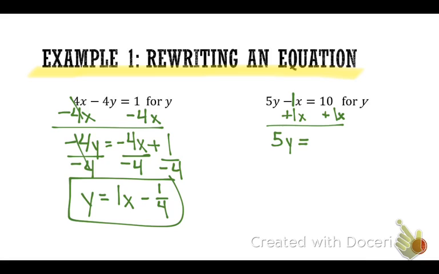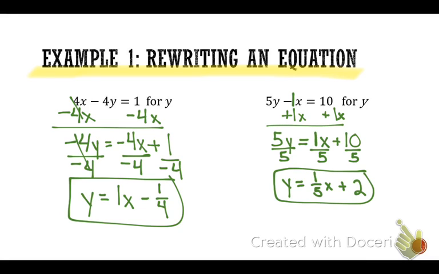Okay, what's on the right side? 5y equals 1x plus 10. Okay, and then he's right on the dividing. Divide everything by 5. And y equals 1/5 x plus 2.